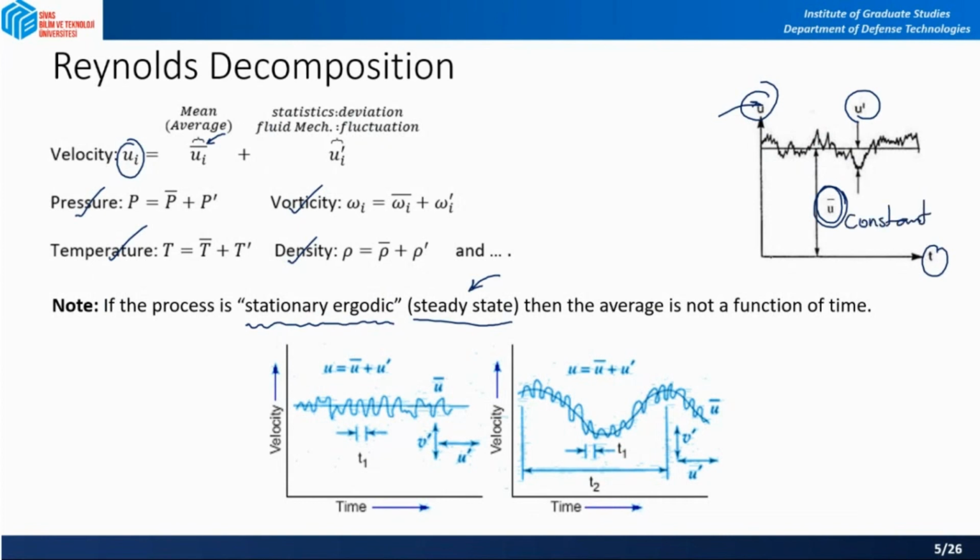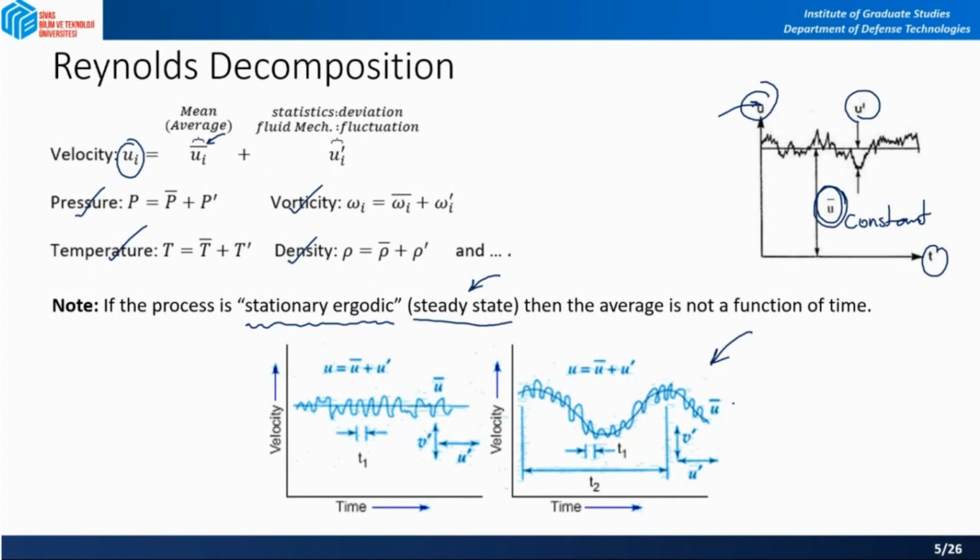But imagine this variation. In this variation, like what happens inside a rotor or stator flow field in a compressor of a gas turbine engine, or the vortex shedding behind a cylinder, the mean value then also changes with time.